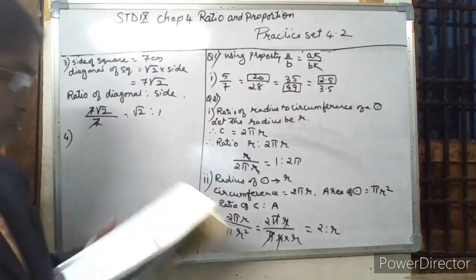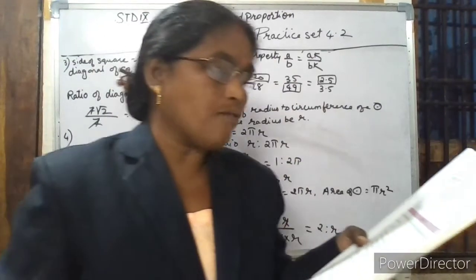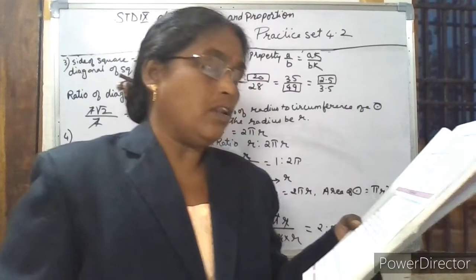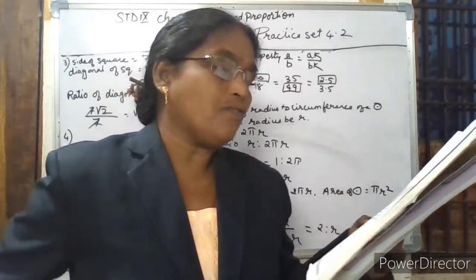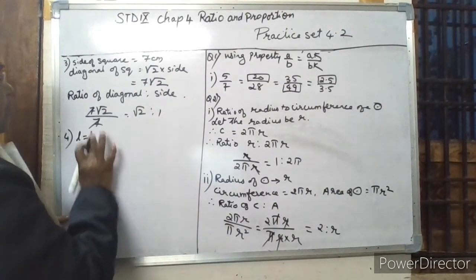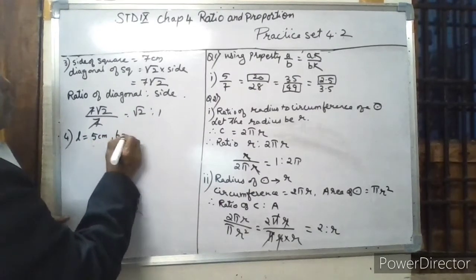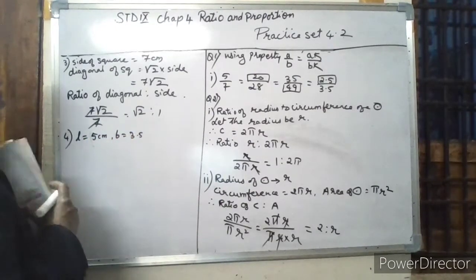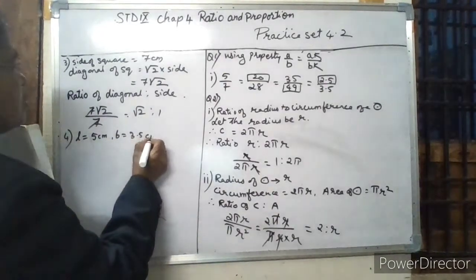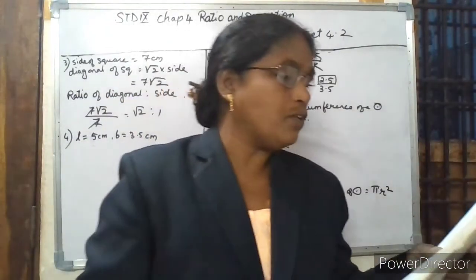Now here see, the lengths of the sides of a rectangle are 5 centimeters and 3.5 centimeters. That is, length is given as 5 centimeters and breadth is equal to 3.5 centimeters. Now we have to find the ratio of its perimeter to area.